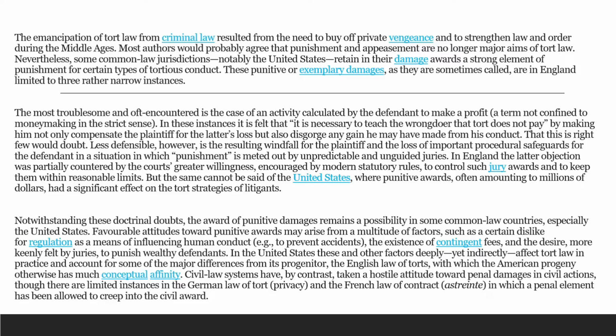Civil law systems have, by contrast, taken a hostile attitude toward penal damages in civil actions, though there are limited instances in the German law of tort privacy and the French law of contract astreinte, in which a penal element has been allowed to creep into the civil hour.